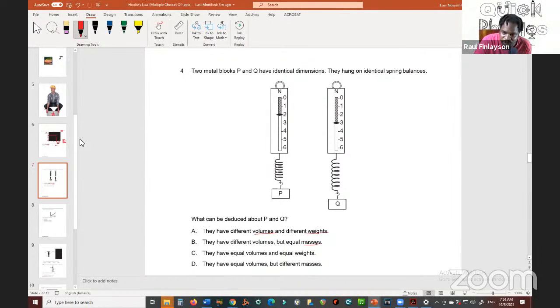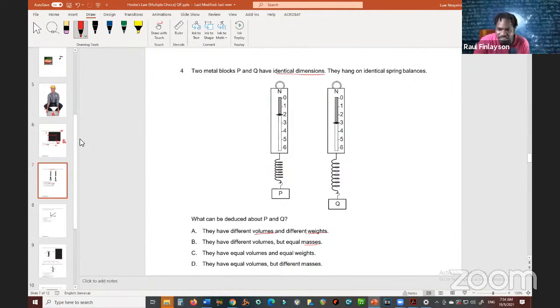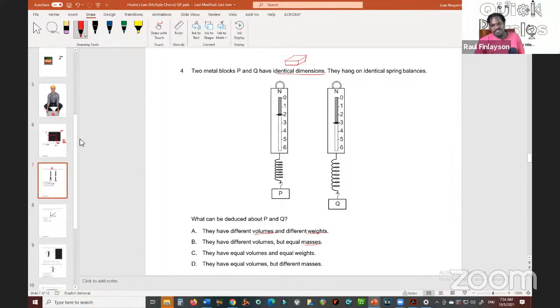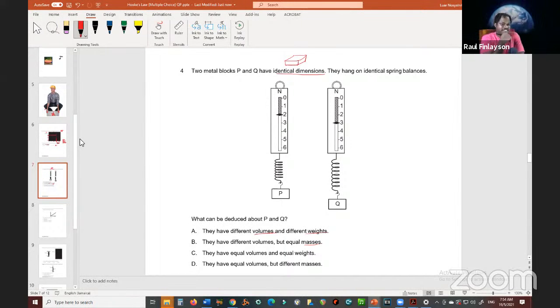Two metal blocks P and Q have identical dimensions. Identical dimensions, what does that mean? It means the dimensions are the same. Identical twins means they look the same. Then if the dimensions are identical, how can the volume be different?